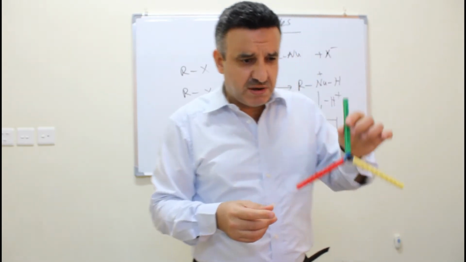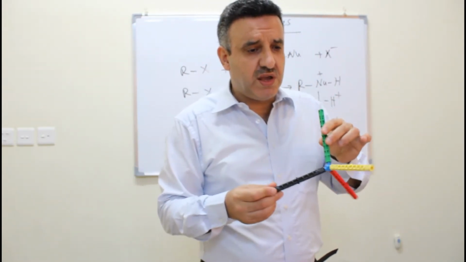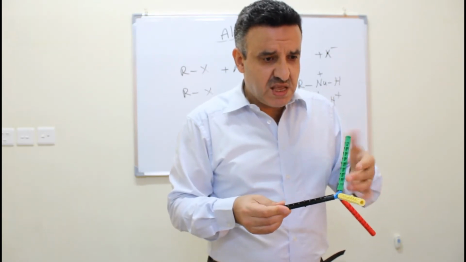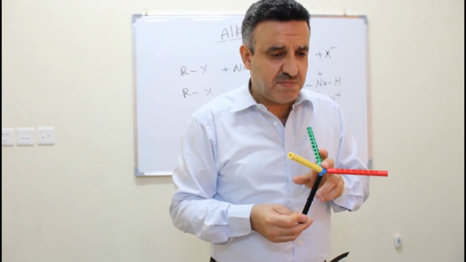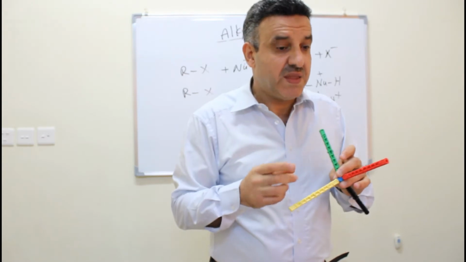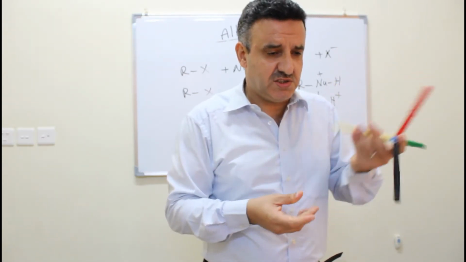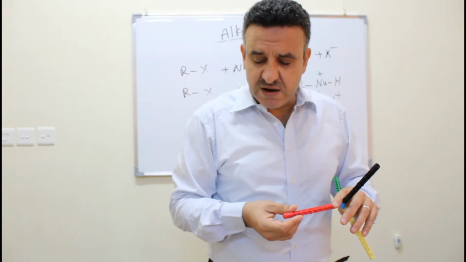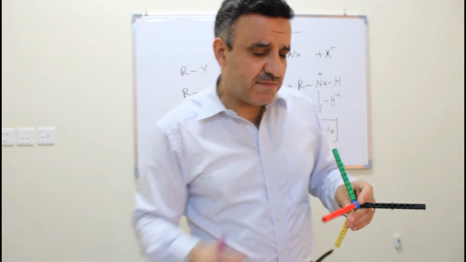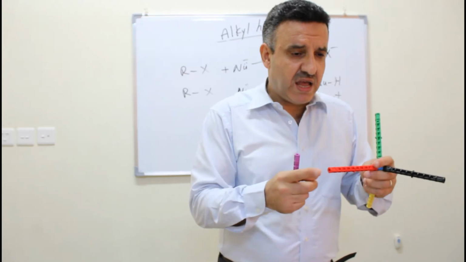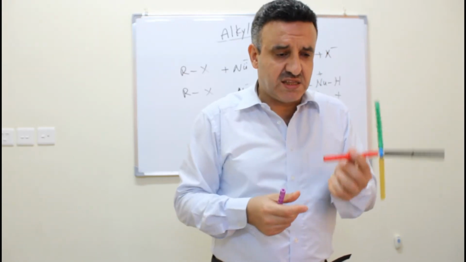Of course, we're talking about the reaction of a nucleophile with alkyl halides, which means a carbon connected to an sp3 hybridized carbon, and the sp3 hybridized carbon will be connected to 4 bonds. Now, imagine, for example, the halogen in the alkyl halide is the red color.